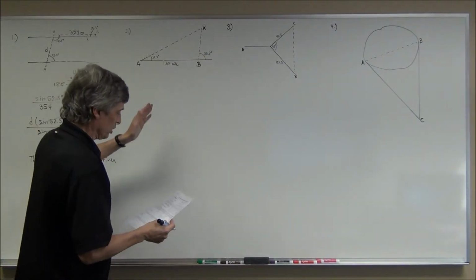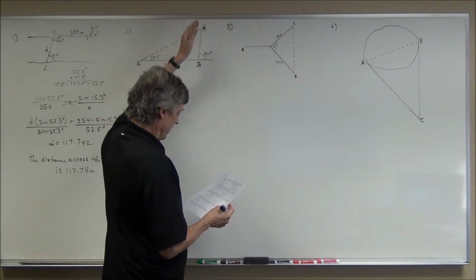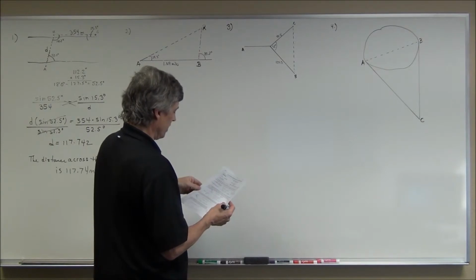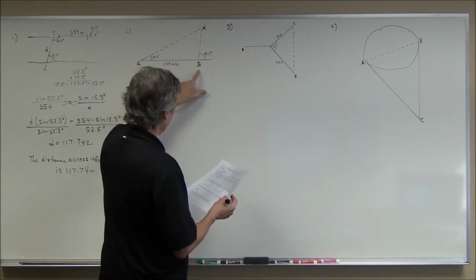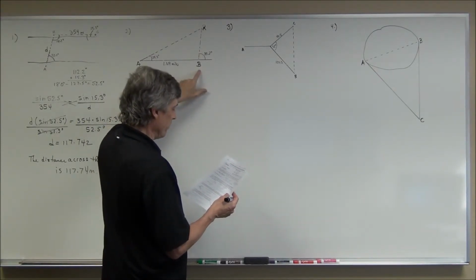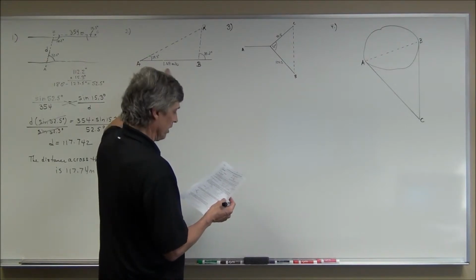Now let me read the problem. A rocket tracking facility has two radar stations at A and at B that are 1.69 miles apart, which lock onto the rocket and constantly transmit the angle of elevation to a computer.